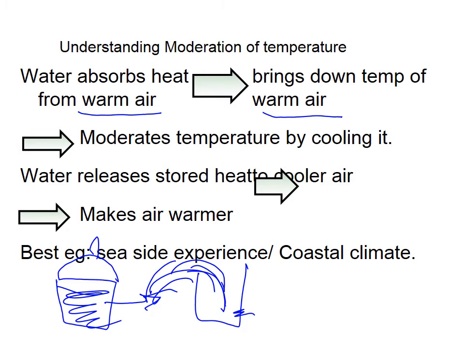Like when you go near the sea, even though the city was really hot, the temperature goes down, especially near the coastal area, because water has absorbed all that heat from the warm air. So it is capable of moderating the temperature. That's what I'm trying to say.